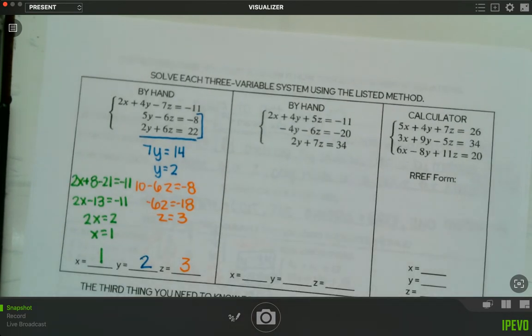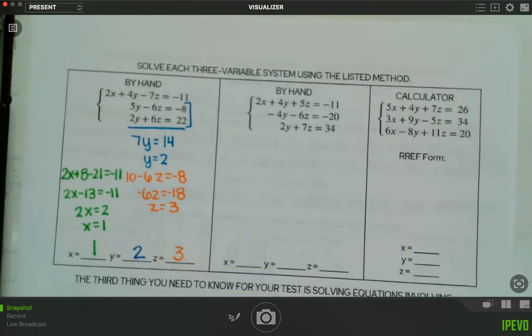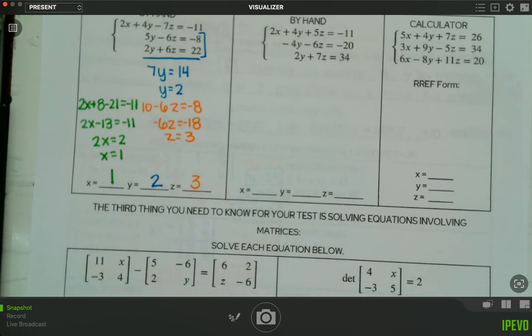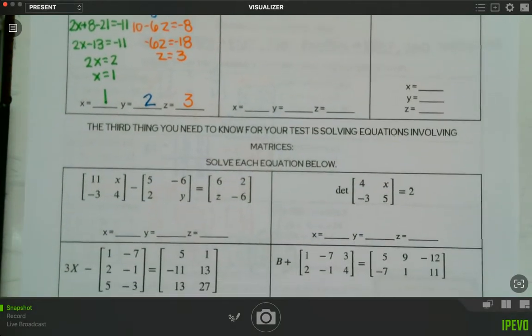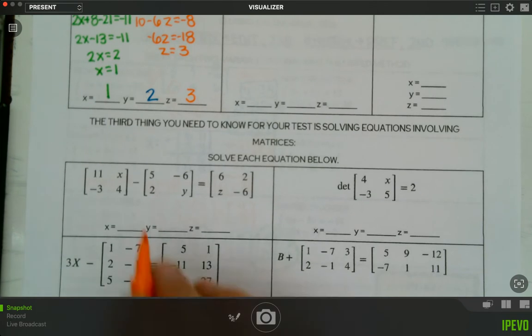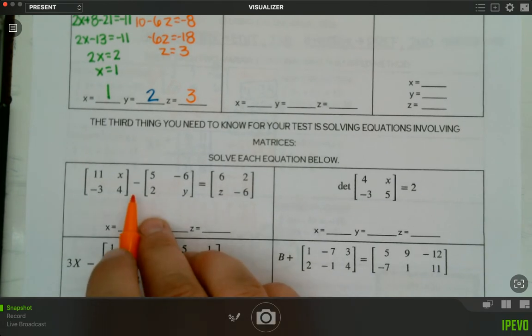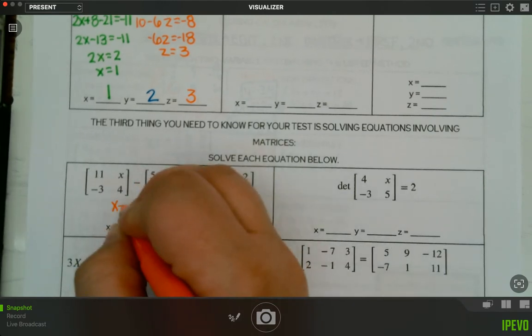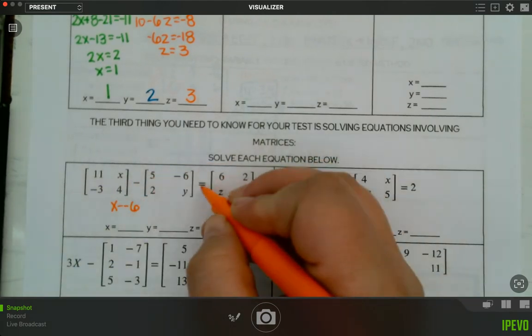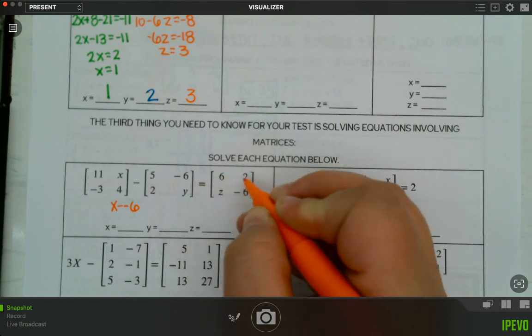Okay, moving on. The third thing that you need to know is how to solve equations involving matrices. Think of them like regular equations. For instance, on this one, you have x minus negative 6 equals, since we're in the top right, 2.